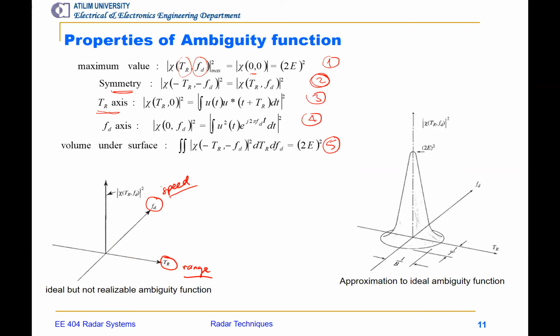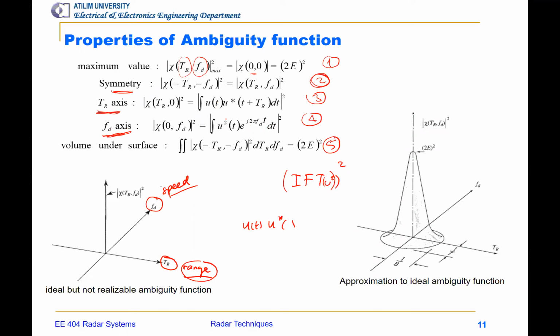On the TR axis, so the range axis, it's the square of the signal u(t) times conjugate u(t), and over the FD axis, it's just like the inverse Fourier transformation, the square of the inverse Fourier transformation of u squared.